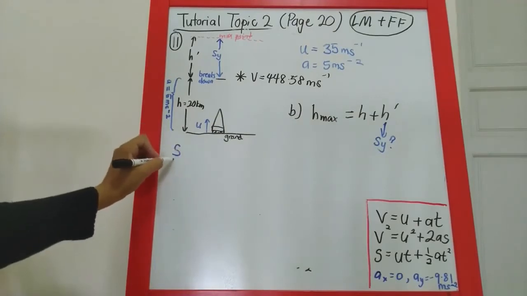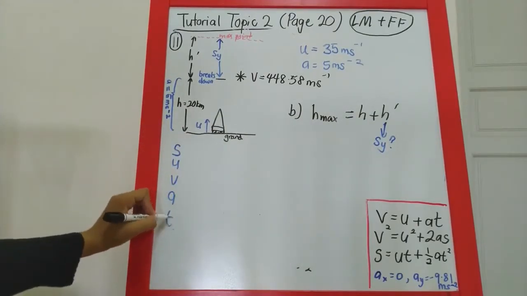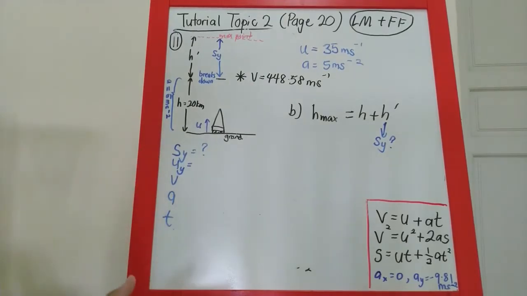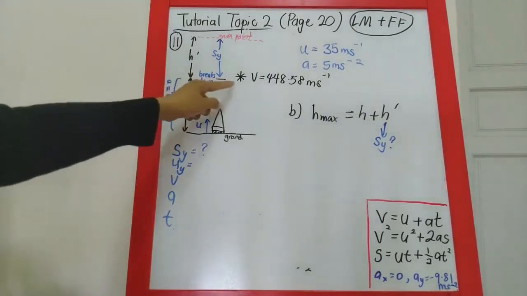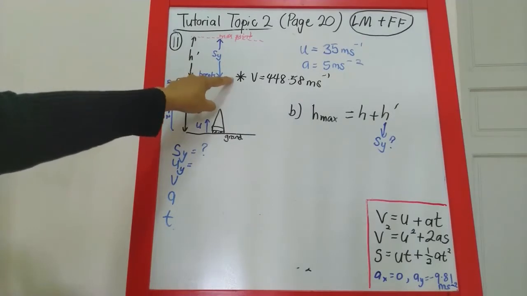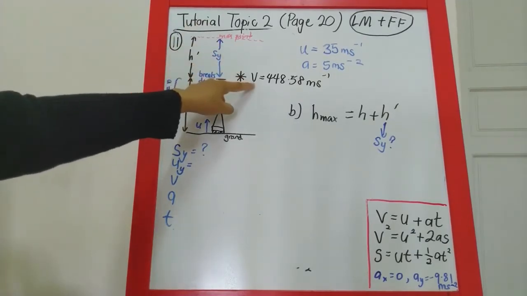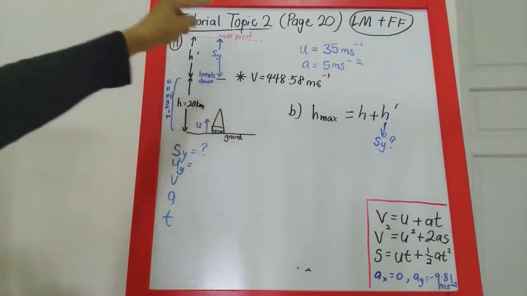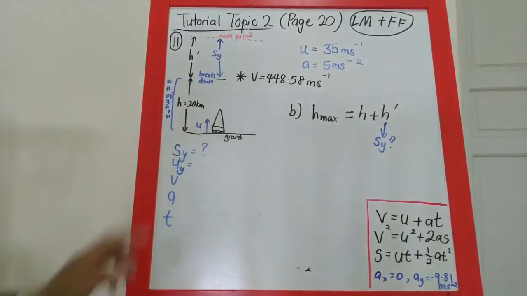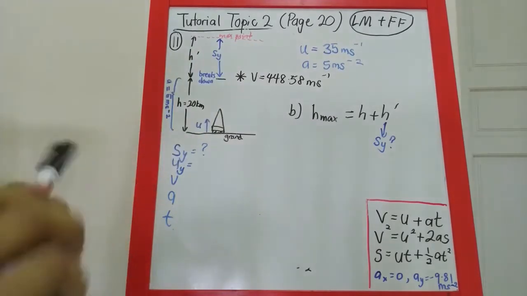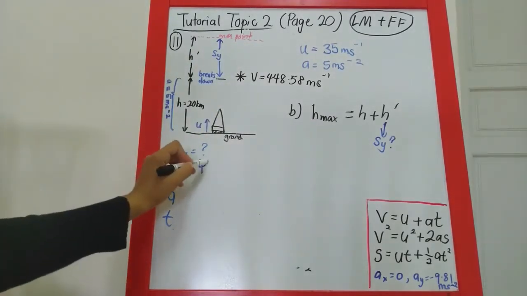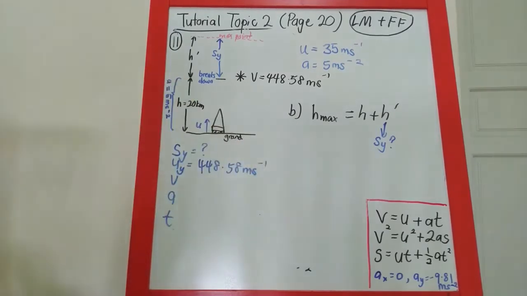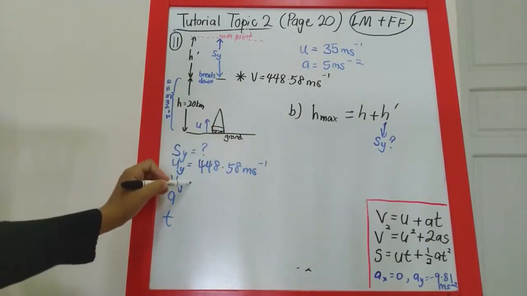Let's do SUVAT analysis. So sy is what we're trying to find. In part A, we already found the velocity at this point. So the v, the velocity that you found in part A, will become the initial velocity for part B here. So uy will use that value that we found in part A. Vy is equal to 0.